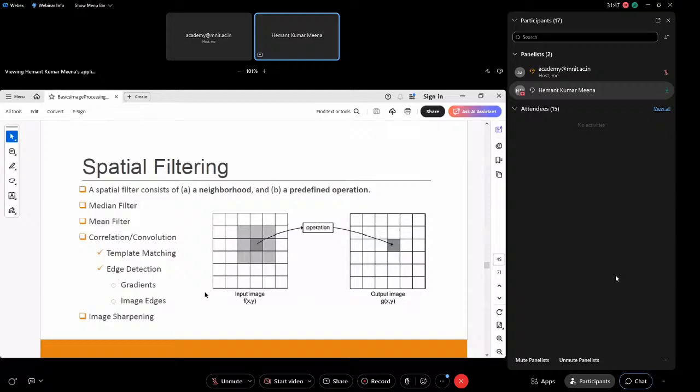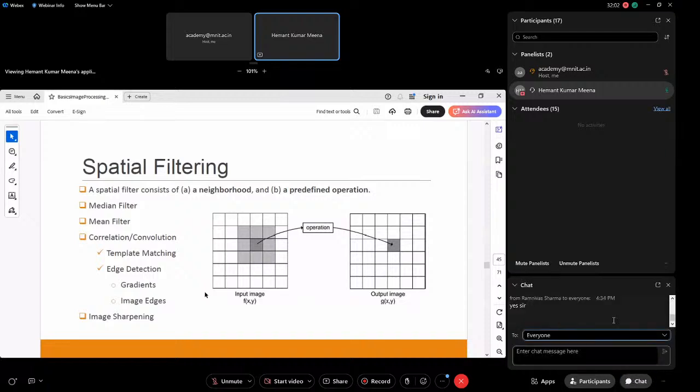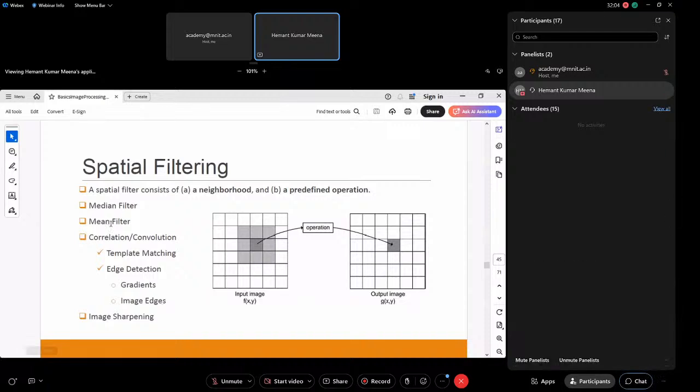High pass filtering is when we are able to filter out the high intensity values. Even this filtering is the basis of edge detection. Anyway, we will see it. Remember, the basic image processing has now been extended into a form of spatial filtering.